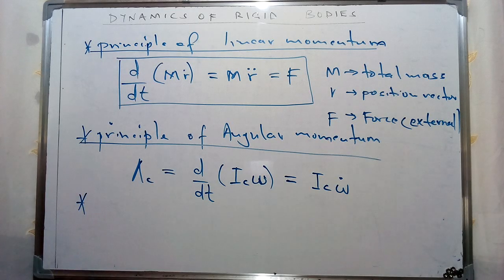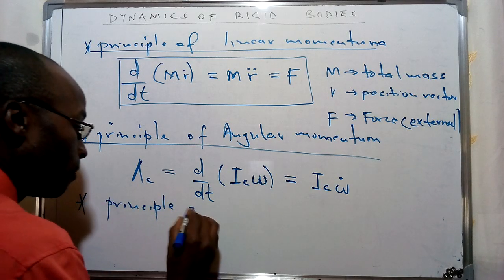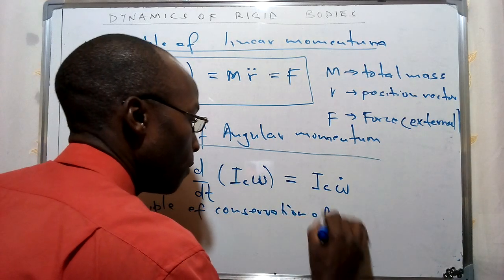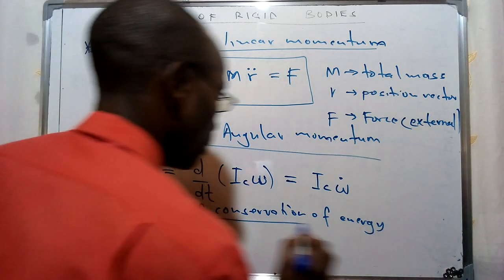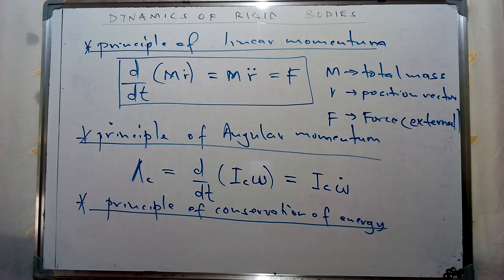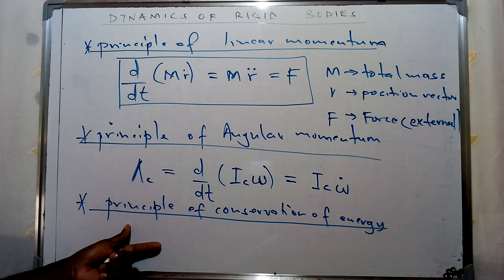Then lastly, we're going to look at another concept which is going to be dealing with the principle of conservation of energy, which also is going to play a vital role in trying to assist us understand and describe the dynamics of a rigid body. So in this case, this is going to be considering the conservative forces.